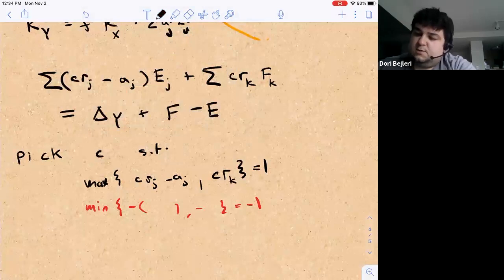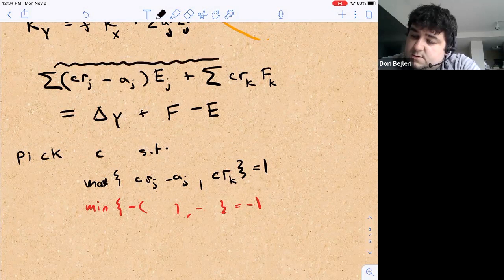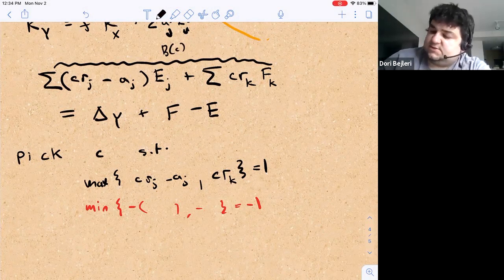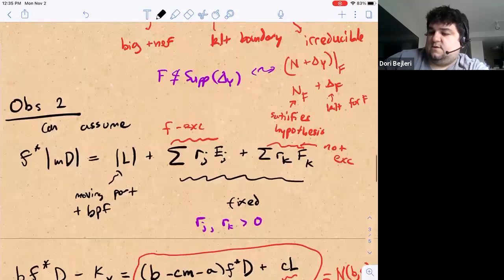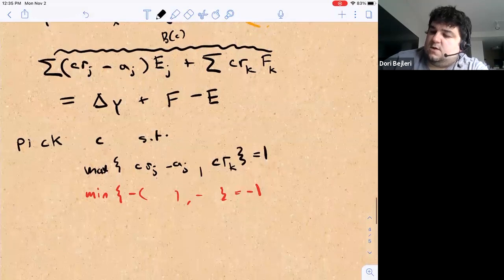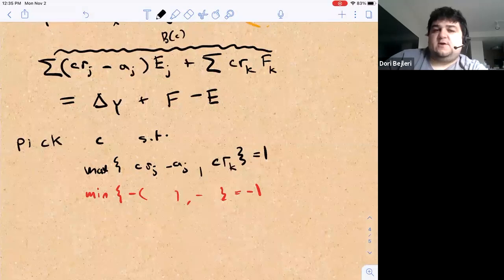Okay. So if we pick such a C, and let's just call this whole divisor B of C, depends on our C. So we fix the C that makes this true. Note that these R's are non-negative because they come from pulling back this MD. And these A's are discrepancies, so we have a bound on them.